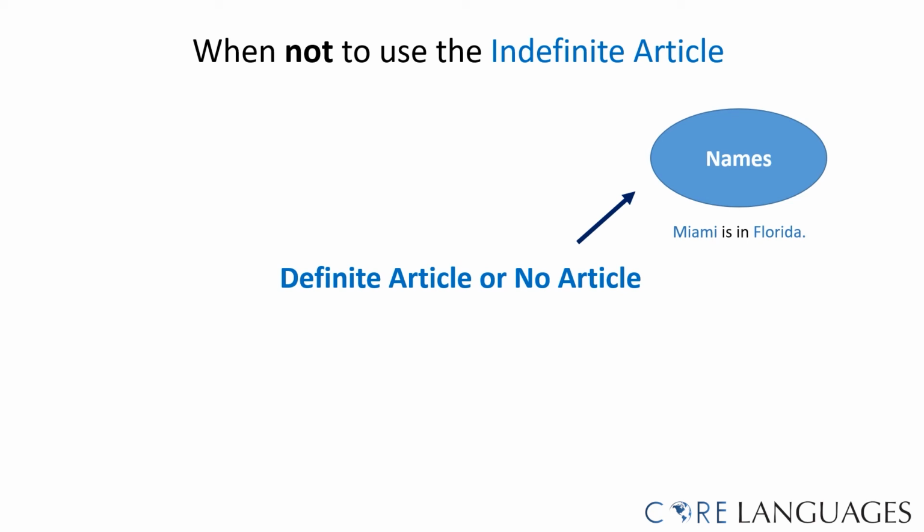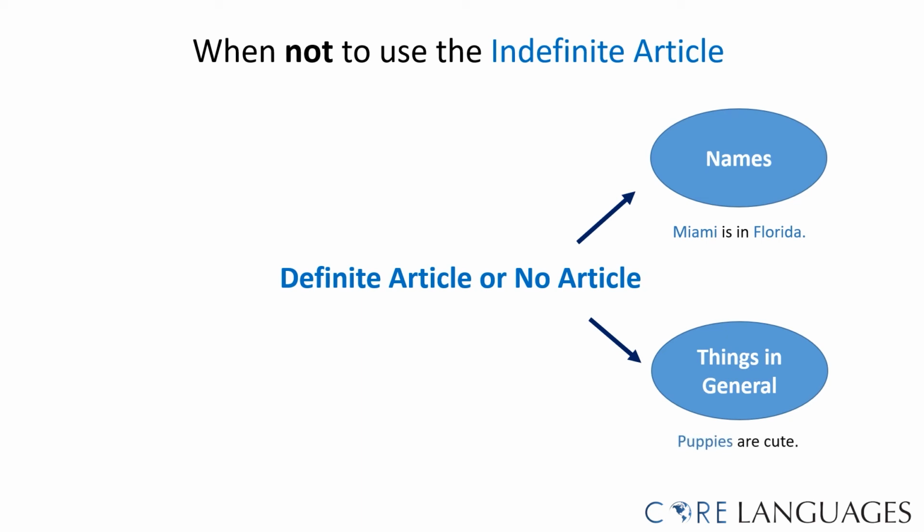Miami and Florida are the names of places, so we do not use an article here. We do not use an article when we refer to things in general. For example, puppies are cute. This sentence refers to puppies in general, so we do not use an article here.